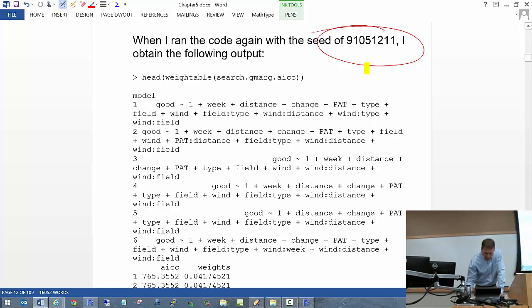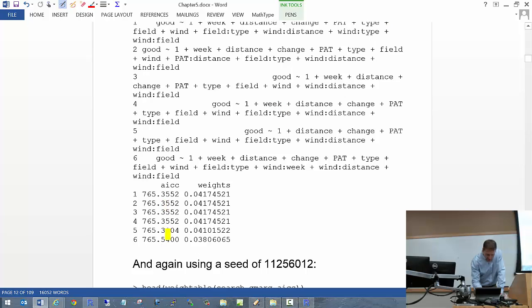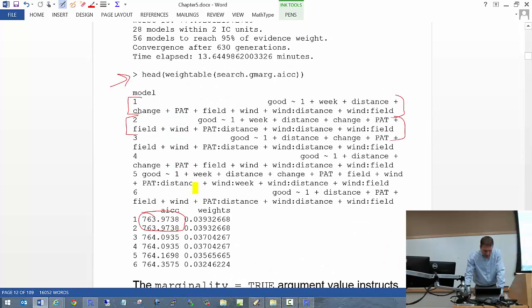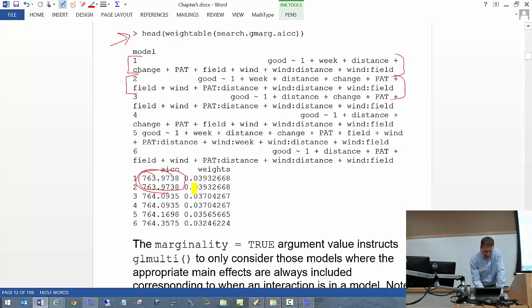Now for the model that I got, actually I got 4 models that had exactly the same corrected AIC, 765.3552, which is actually higher than what we got before.